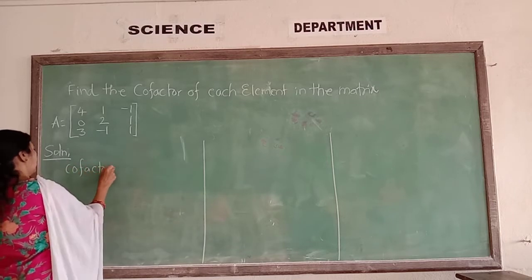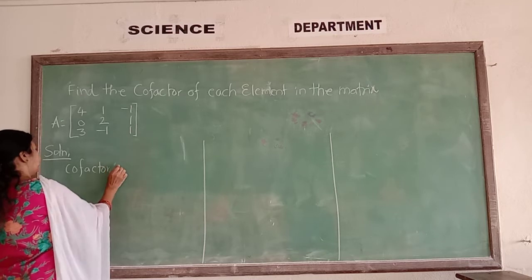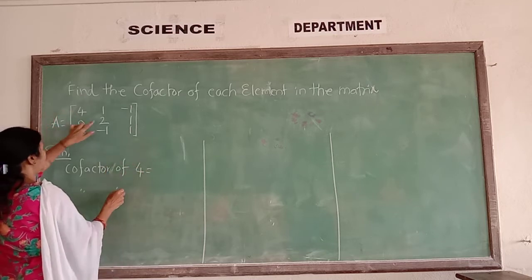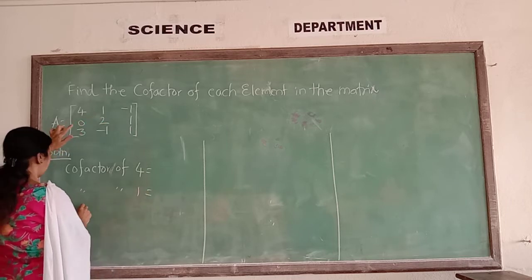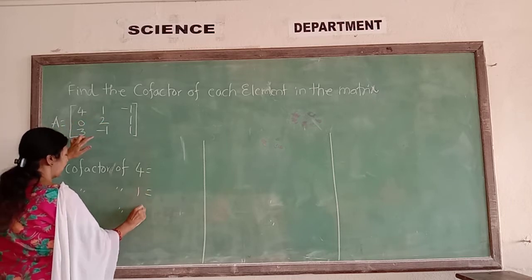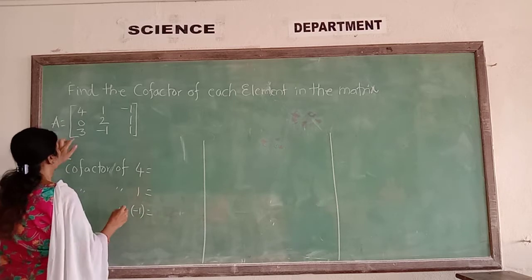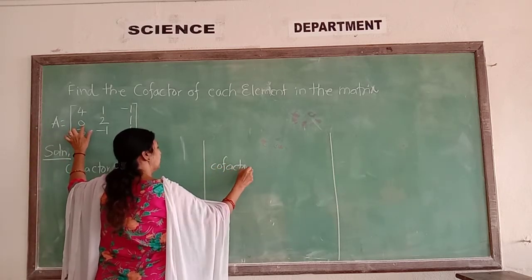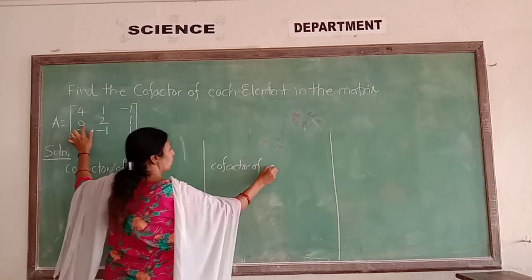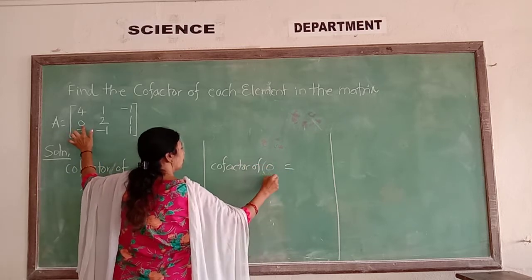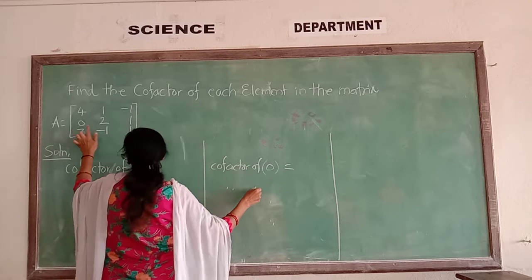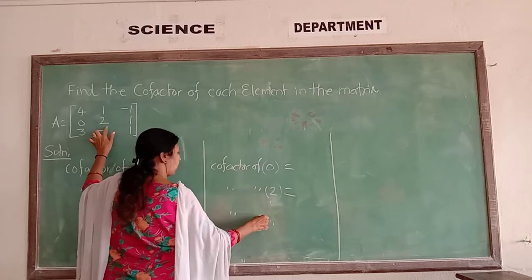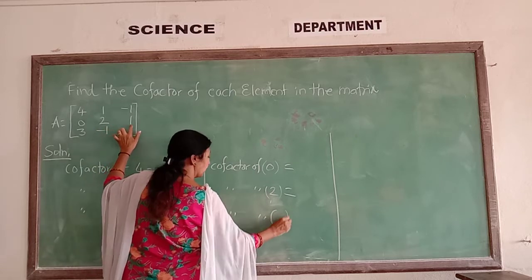Cofactor of 4. Similarly, cofactor of 1, cofactor of -1. And then here, cofactor of 0, here 0, cofactor of 2, cofactor of 1.